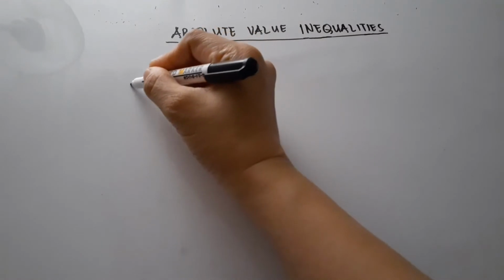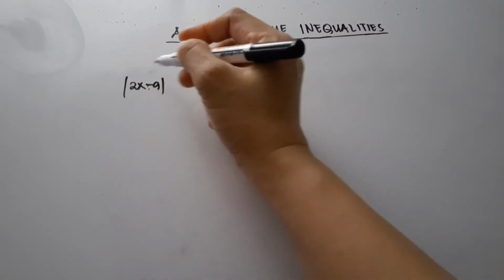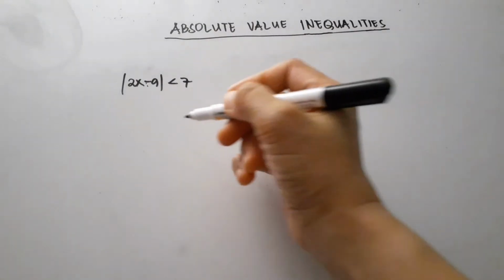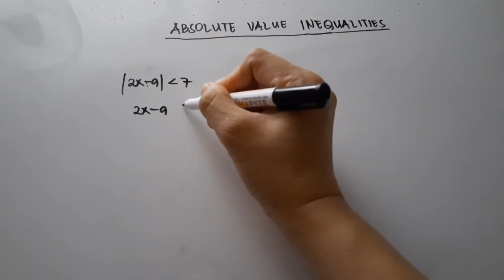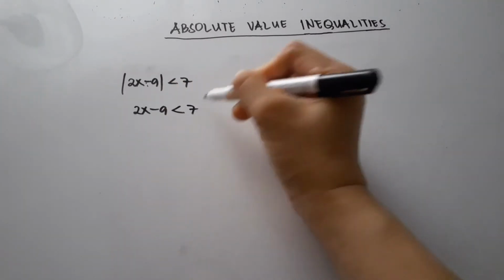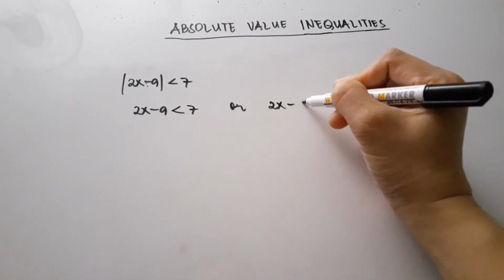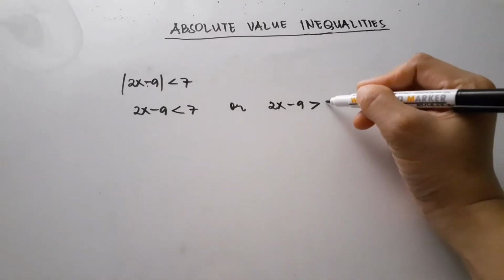Let's have another example. Here we have the absolute value of 2x minus 9 less than 7. So we have 2x minus 9 less than 7, and 2x minus 9 greater than negative 7.